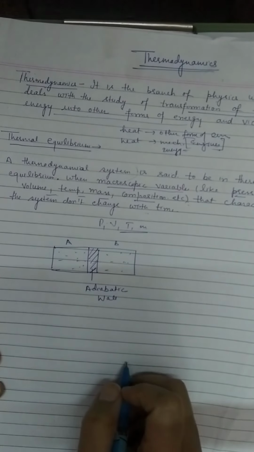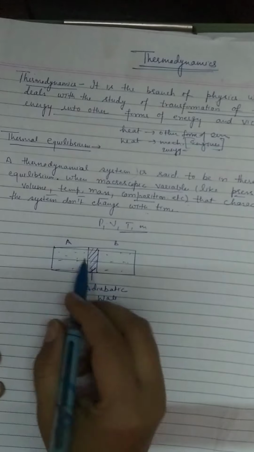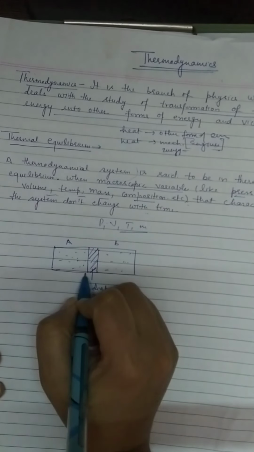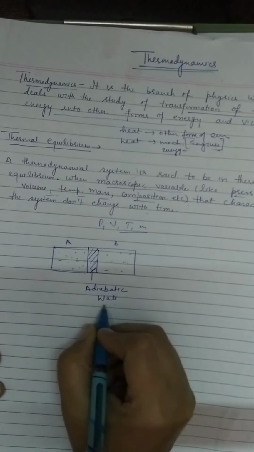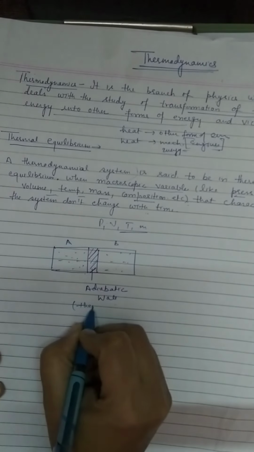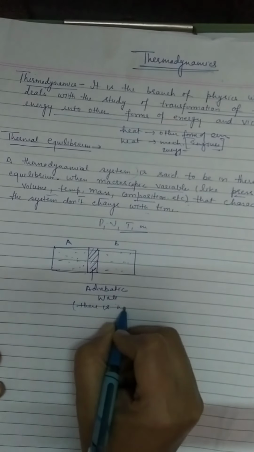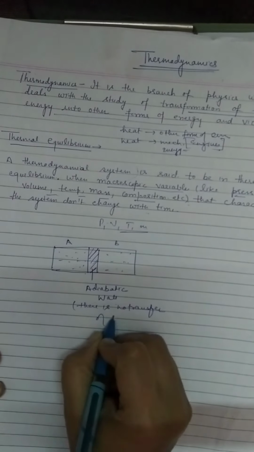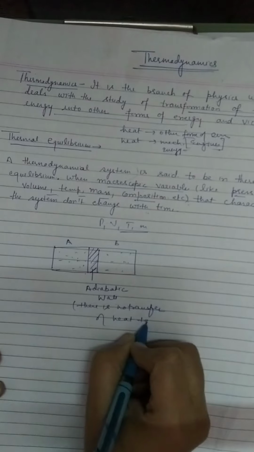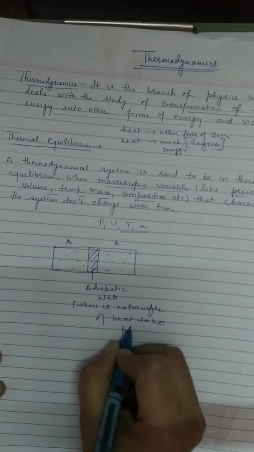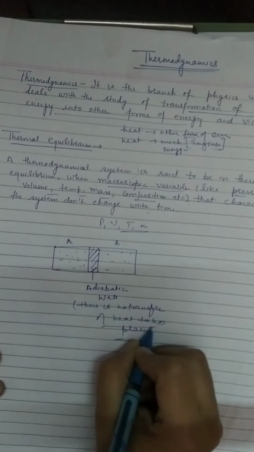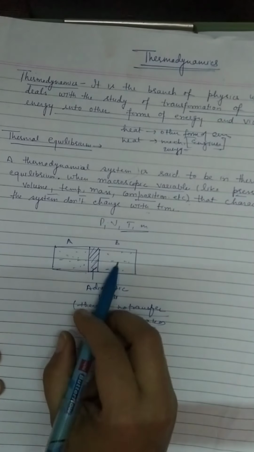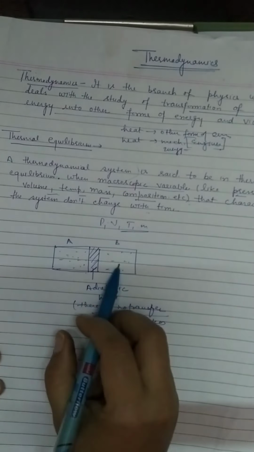Gases A and B are occupying the two containers and these two are separated by an adiabatic wall. What do you mean by adiabatic wall? Through which there is no transfer of heat. So from system A to system B no transfer of heat takes place.